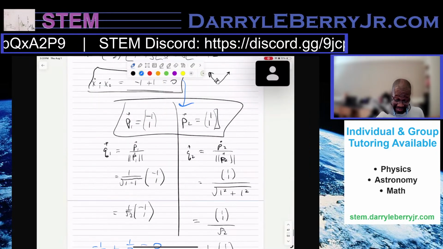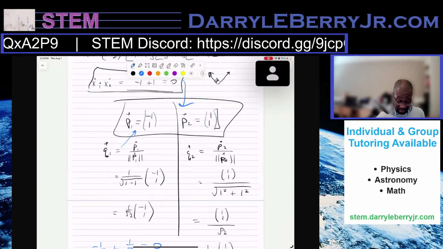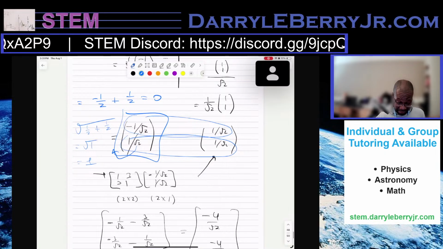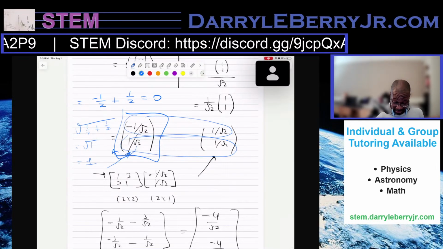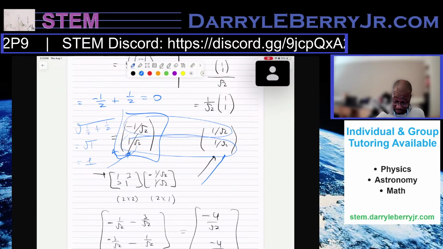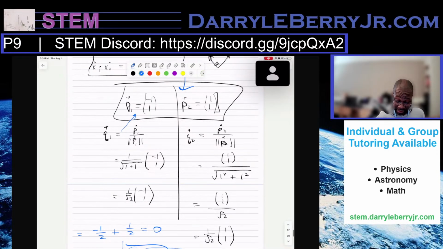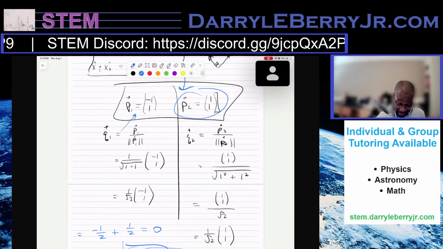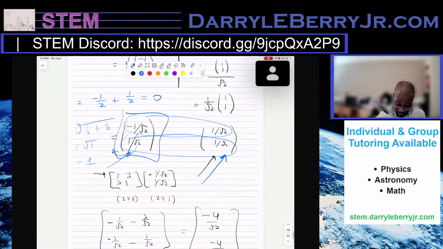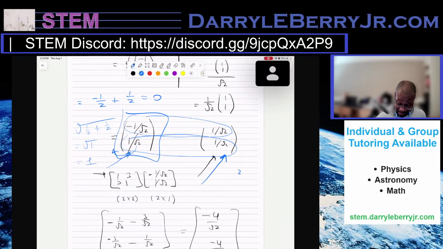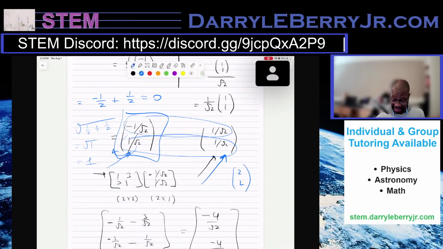It points in the same direction as P1, but Q1 is actually one length long. That's the only difference. And the same thing with Q2, it points in the same direction as P2. They point in the same exact direction because 1, 1 points in the same direction as 1, 1 times anything. 3, 3, 2, 2 is all going to point in the same direction.